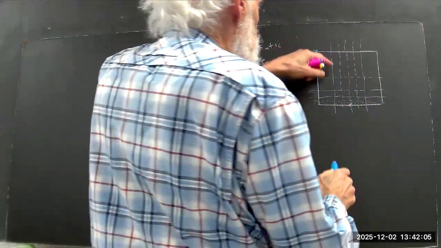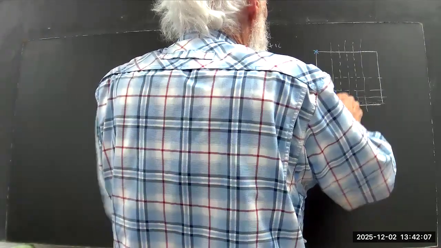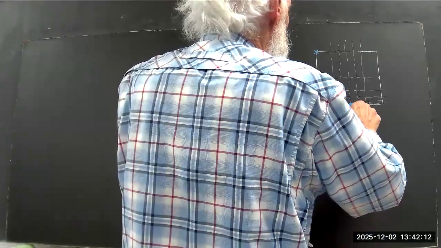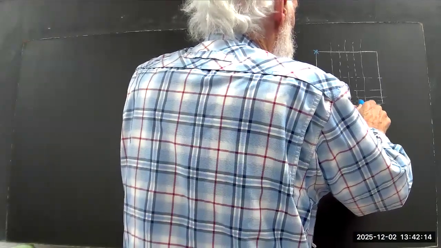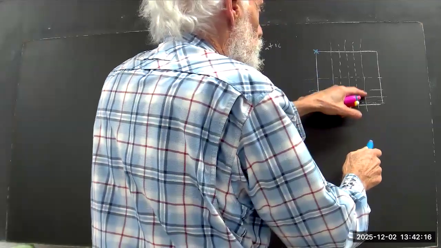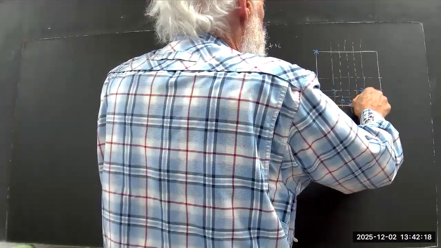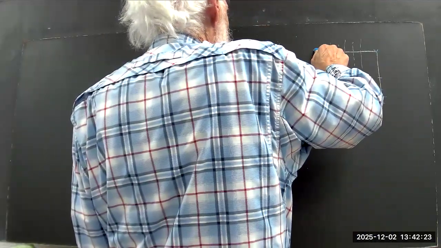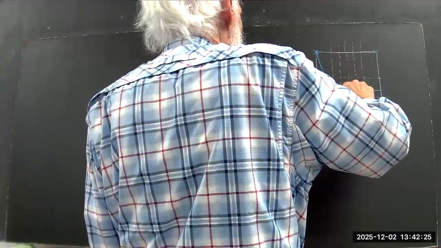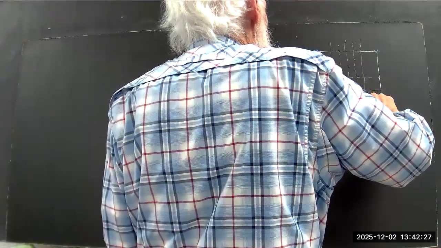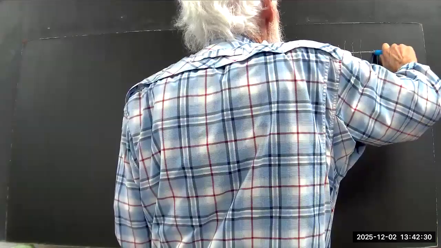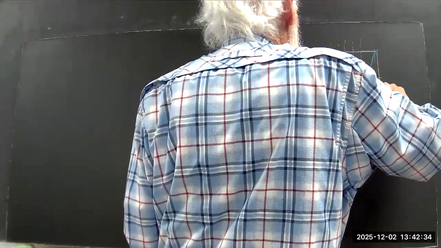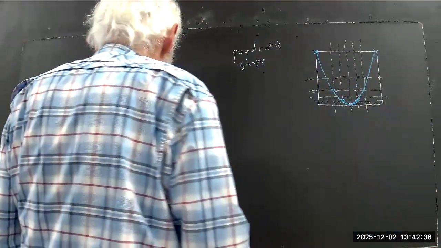Start at the upper left, move 1 right and 2 down, 1 right and 2 down, 1 right and 2 down puts us at the red dot, 1 right and 2 up, 1 right and 2 up, 1 right and 2 up, gets us over to the top. Should have been a little flatter down here. Okay.